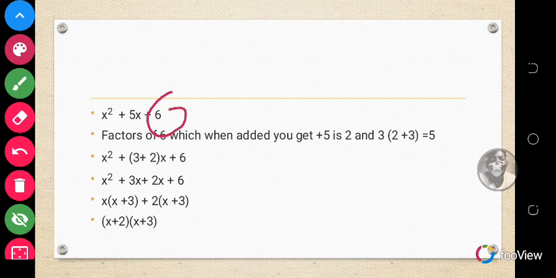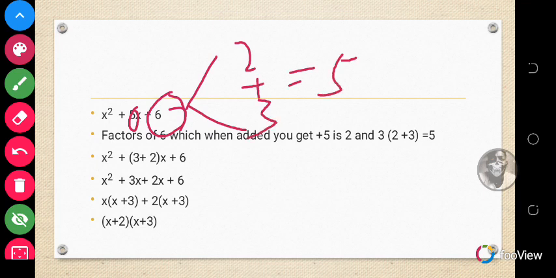So when you take this, the constant 6, you are looking for factors of 6 that when you add, you are going to get 5. You are going to get a coefficient of x, which is 5. So what are those factors? It's 2 and 3. When you add 2 plus 3, you get 5. So this is what you use to replace the 5 here.